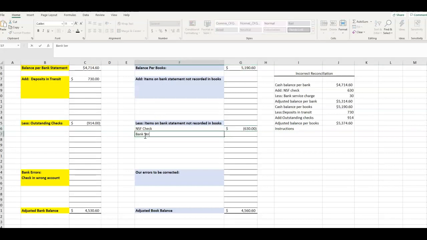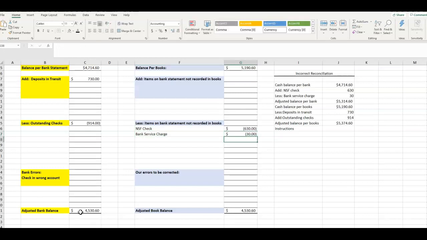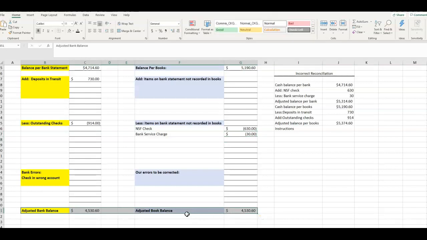Bank service charge, minus 30, and there we go. Our balances are the same, and we've recorded everything that we should have. Very simple to do. It's really simple.